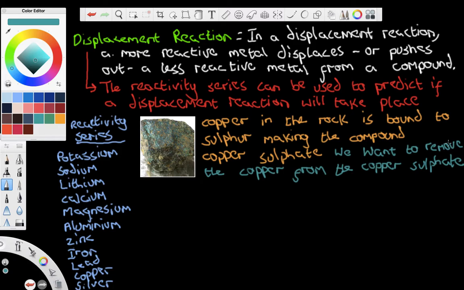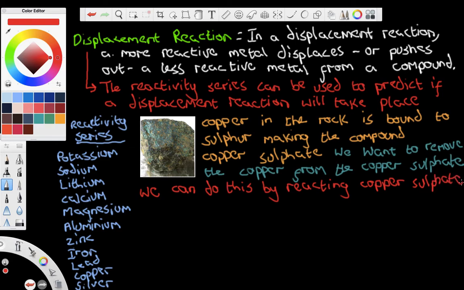Okay, now we can do this by reacting the copper sulfate with a more reactive metal than copper.